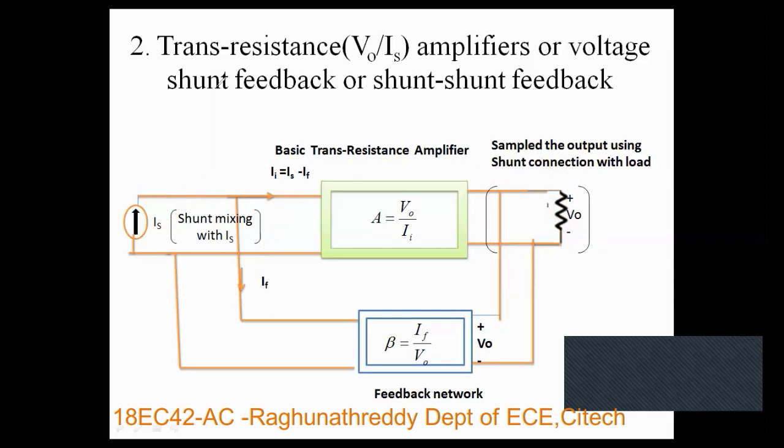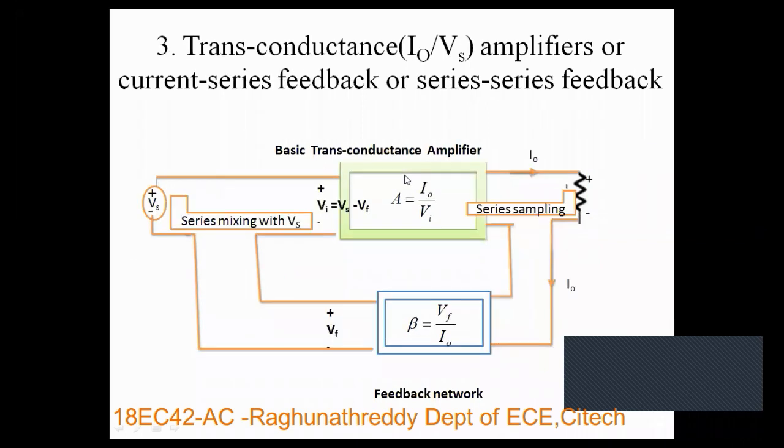Now let us move to the other topology, the transconductance amplifier. Trans means output by input, conductance means current by voltage, so output current by input voltage.